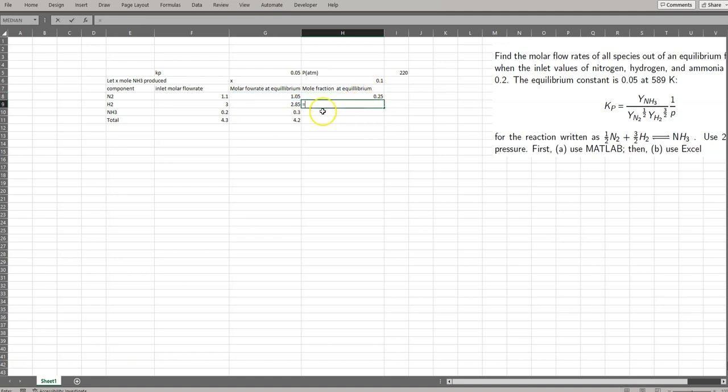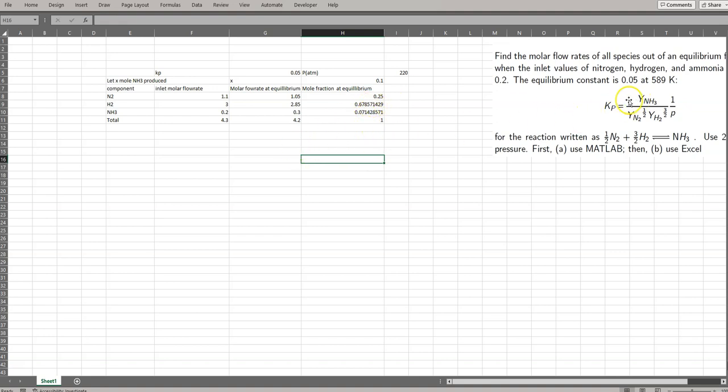Similarly for each component. If we add that, I hope it will be 1. Okay, so our calculation is okay.